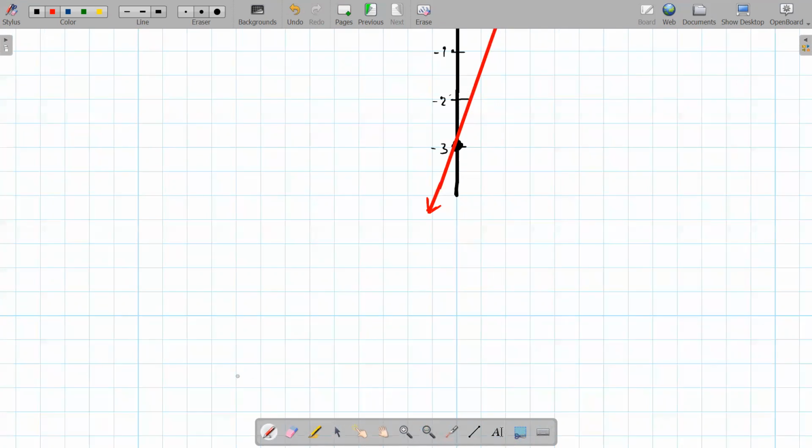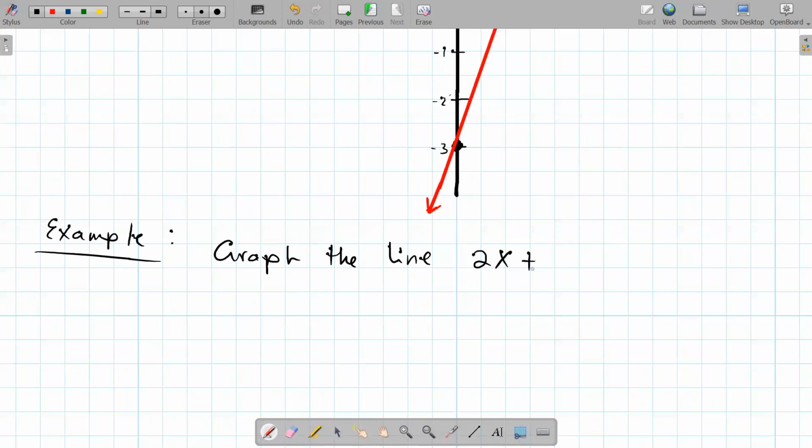Let me do one more example. Graph the line 2x plus 3y equals 6 by using the intercepts.